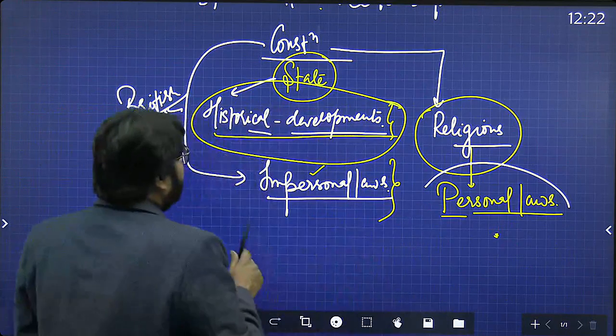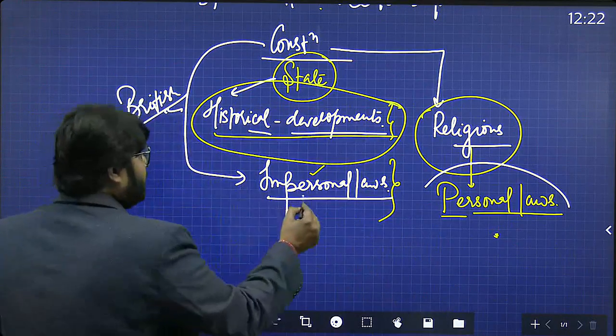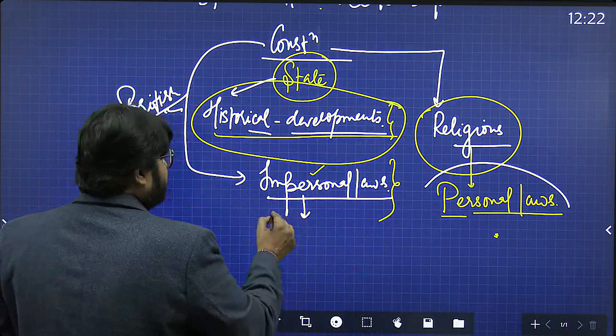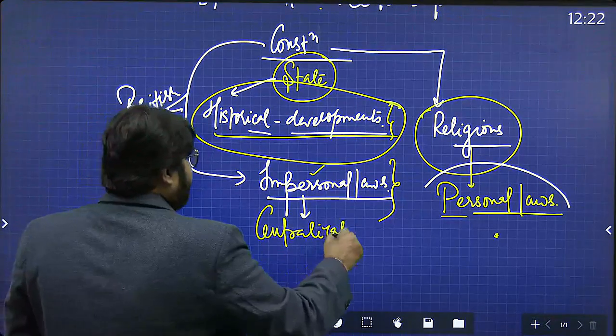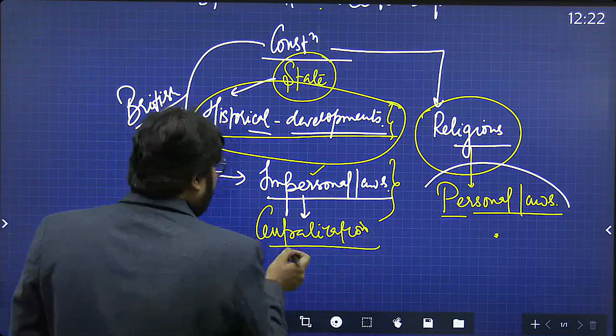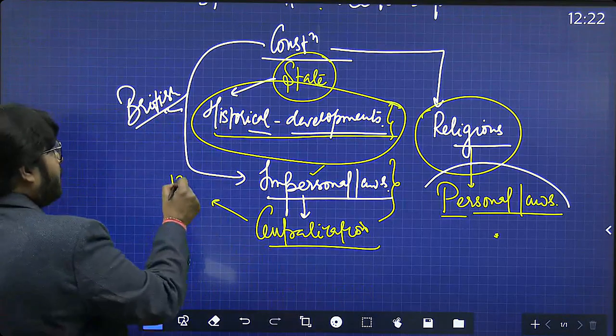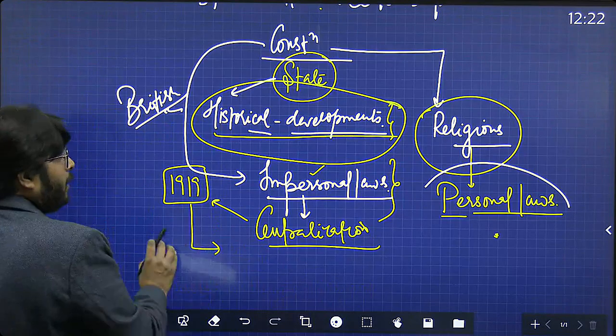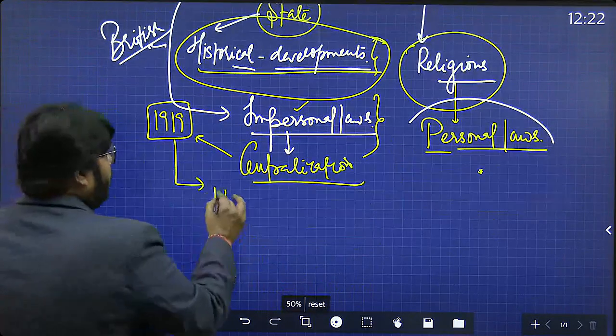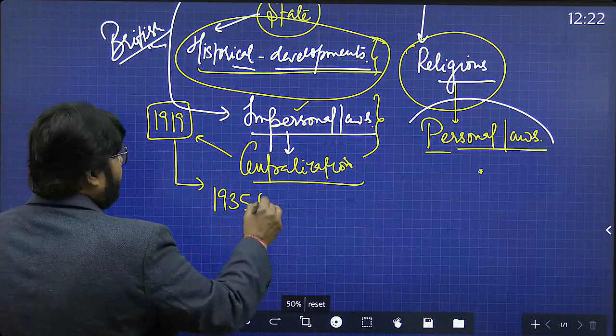One of the key aspects of obviously the British impact has been the centralization. I'll take you to very near things like the 1919 Act, which actually dominated the Union government functioning in spite of the 1935 Act.